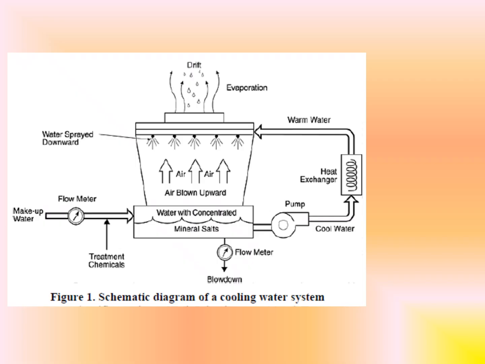Let us take first the cooling water tank. This cooling water tank has arrangement for water spray, water that is coming from condenser, warm water is spraying downwards, and the air is coming from bottom.